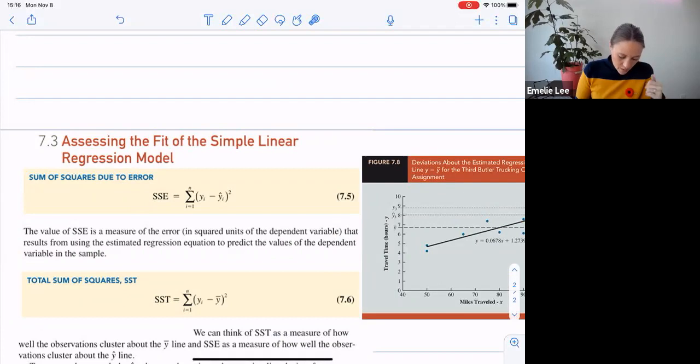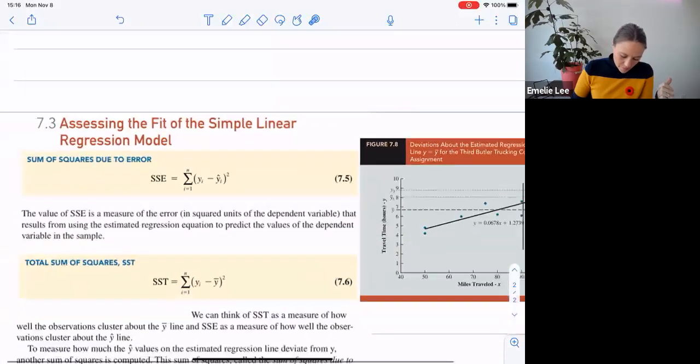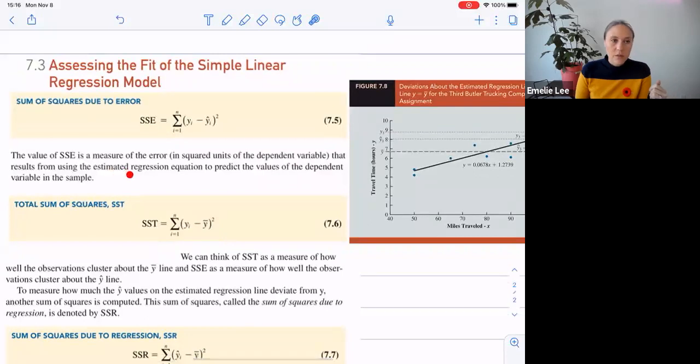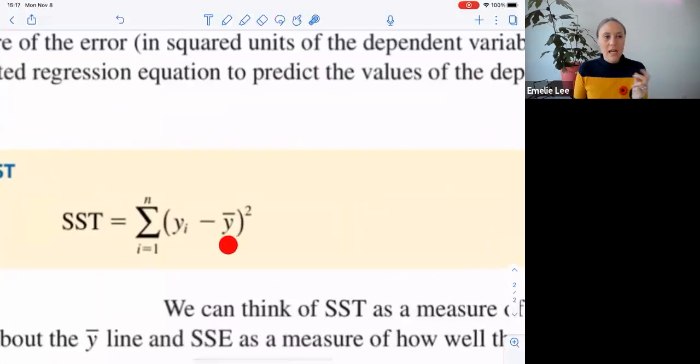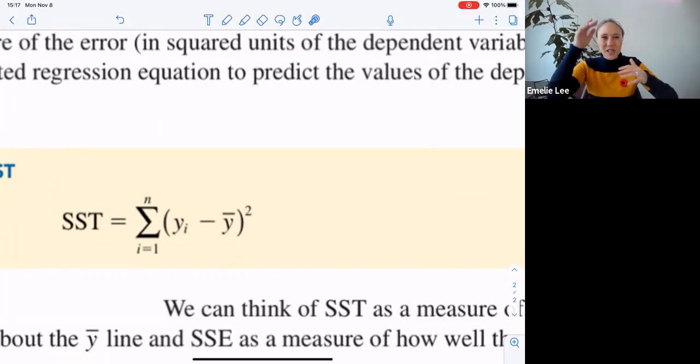It's basically saying, what's the error once we use this line? What's the error from the observed values? We can also talk about the total sum of squares. Now, the total sum of squares looks pretty similar to the error sum of squares, except now we're looking at the distance from y bar. Each observation has a value of y, and so we can calculate the average of that value.